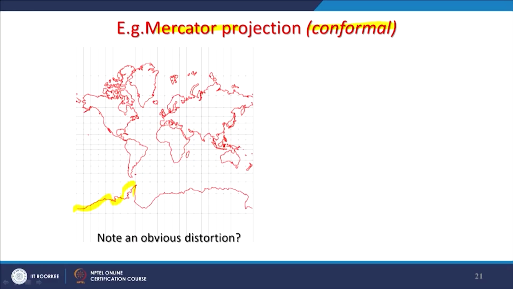The large problem you see is over Antarctica or the northern polar countries, but the areas in middle latitudes around the equator are much better. As you can see, for the same area of the earth, because this is conformal, at this range of latitude we are having a square, whereas near the equator we are having rectangles like here, and if we go a little higher in latitude, we are again finding rectangles having a different orientation.